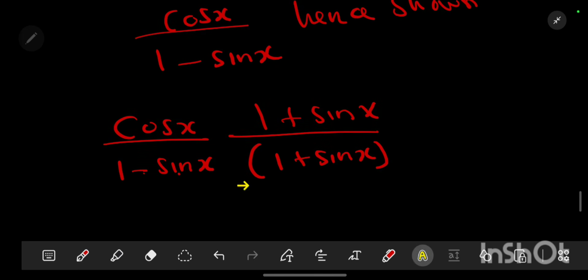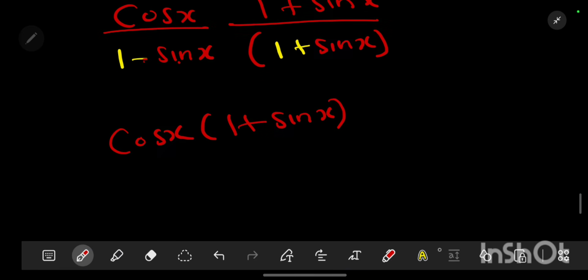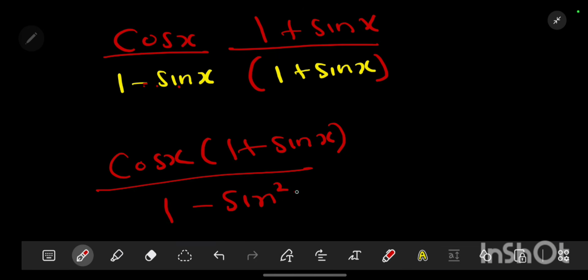Remember, we multiply conjugates, same things but different signs. We just multiply first number with first number. So on top it will be the cos of x, open brackets, 1 plus the sine of x. At the bottom it will be 1 times 1, first number with first number is 1, then last number with last number, negative sine of x times positive sine of x, which is negative sine squared x.